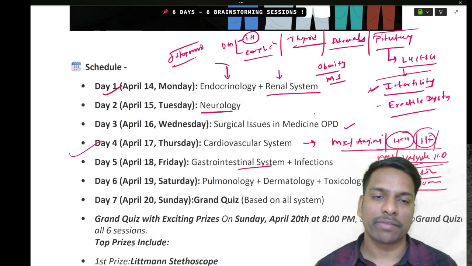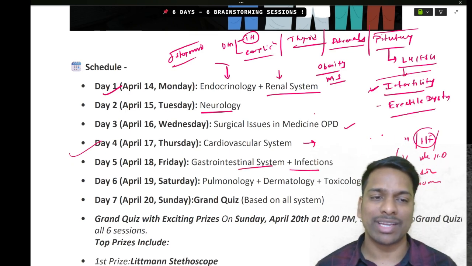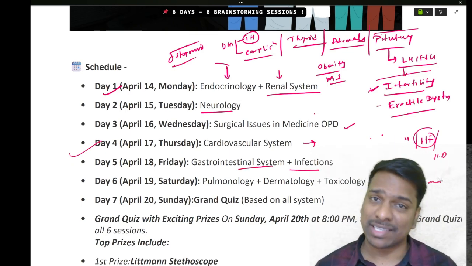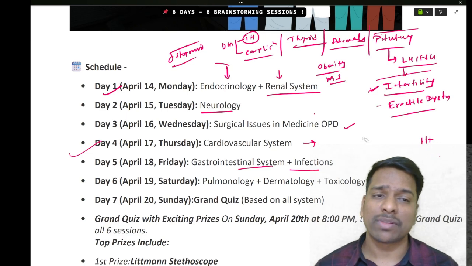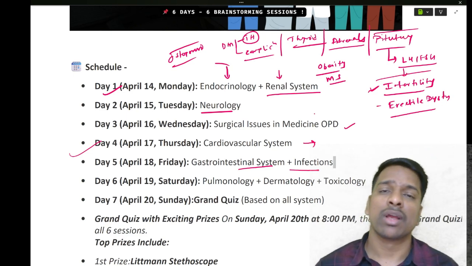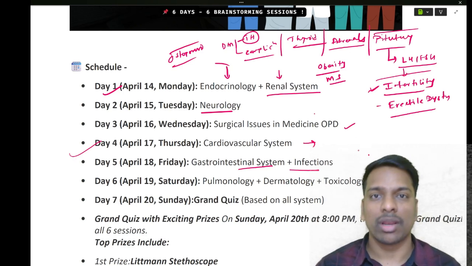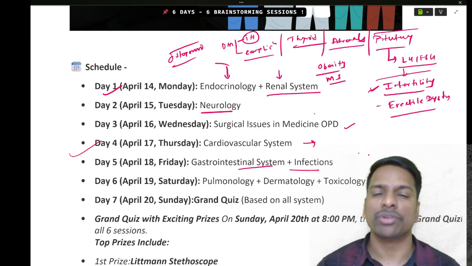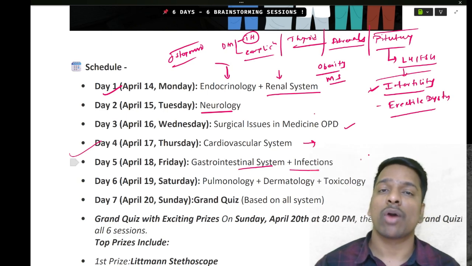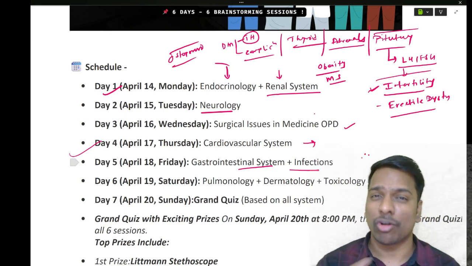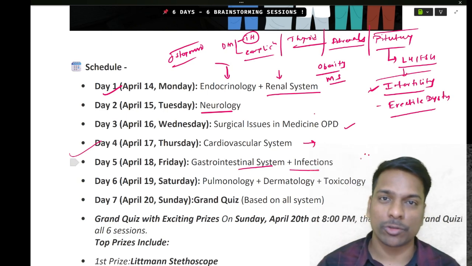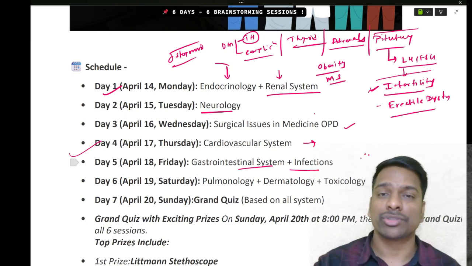Coming to day 5, we have the gastrointestinal system and infections. In GI, we will discuss extensively because it's very important, starting with esophageal disorders. Then we'll discuss gastric disorders, for example gastric ulcer disease or peptic ulcer disease, both duodenal and gastric ulcers. Then how to approach vomiting, nausea, diarrhea, unintentional weight loss, or if somebody wants to gain weight, what nutrition they have to take.